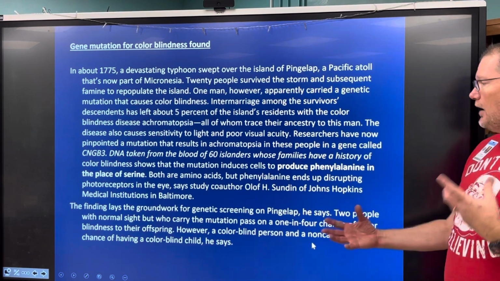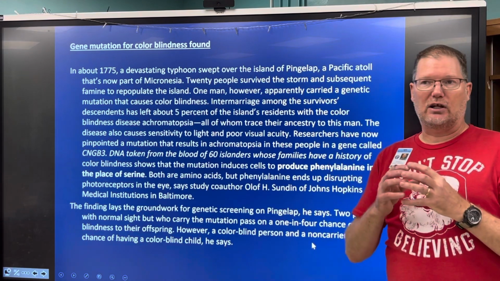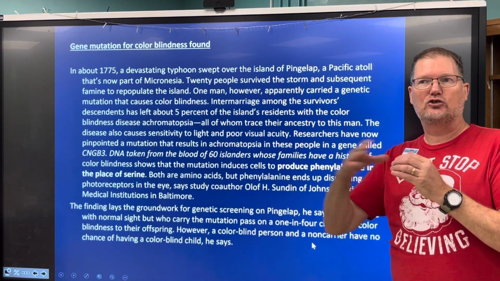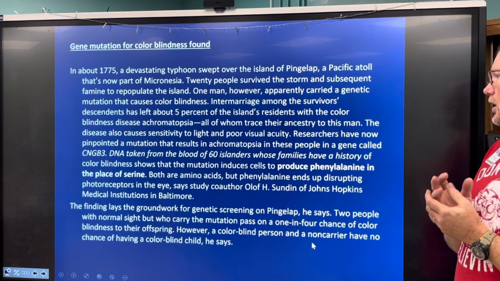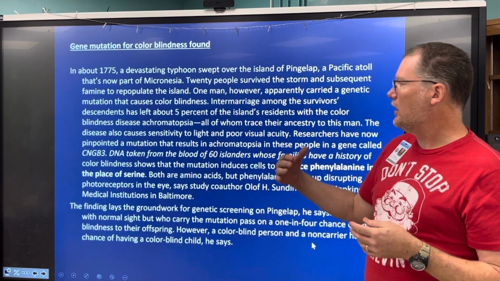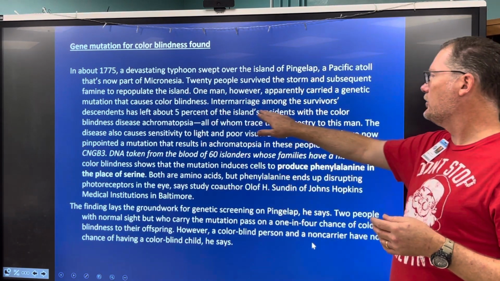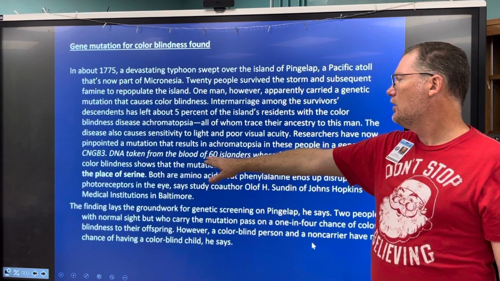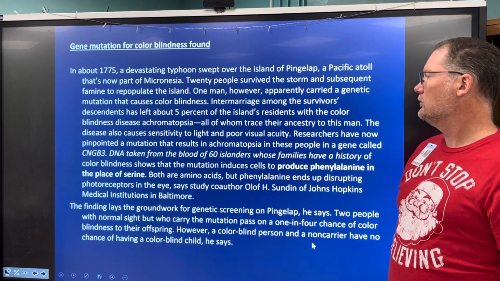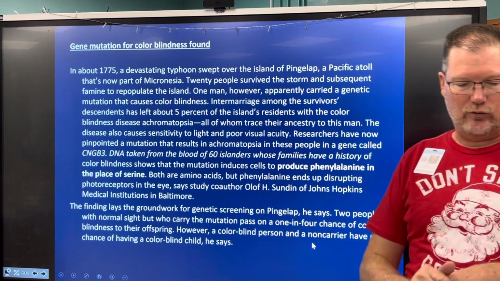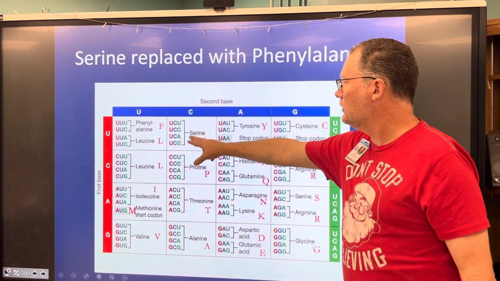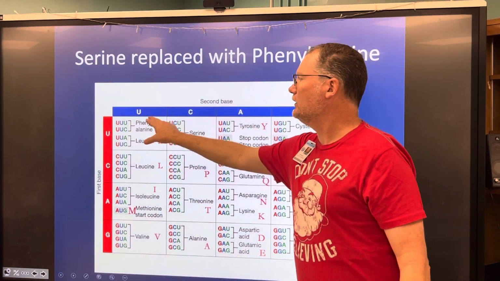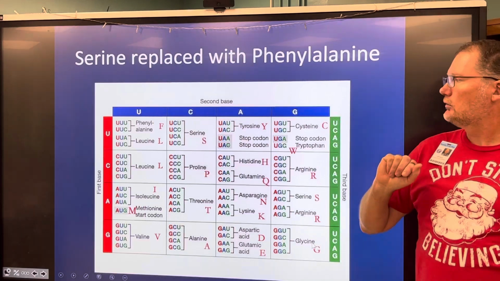So apparently that mutation was carried in the genetic code to the population, creating quite a few individuals, 5% of the island's residents, who could trace their heritage back to that one survivor who had that gene. So, serine was replaced with phenylalanine. That's one of your questions.